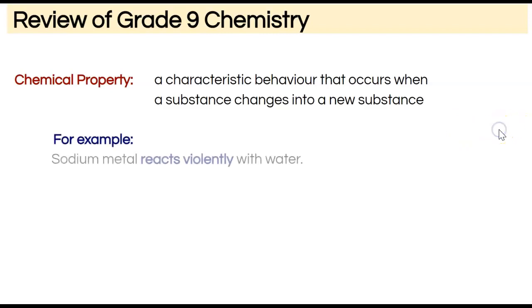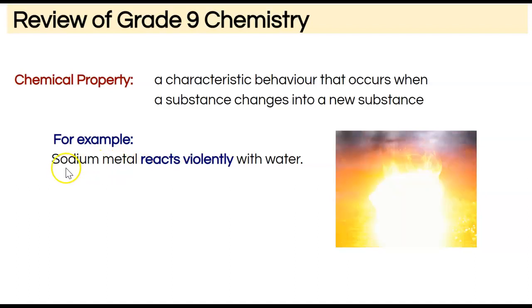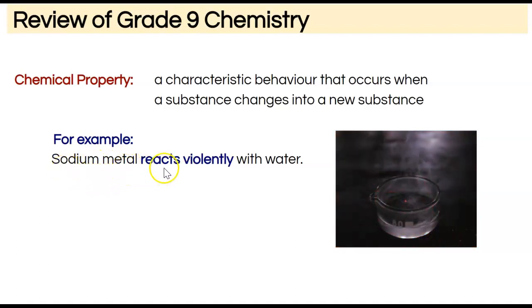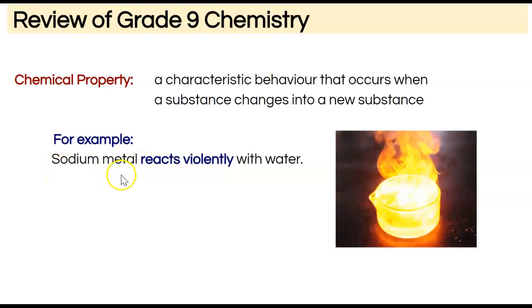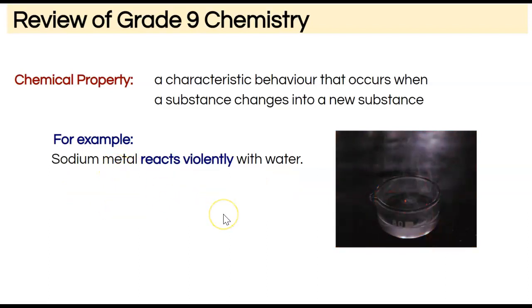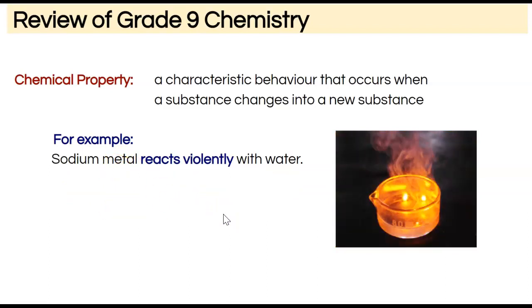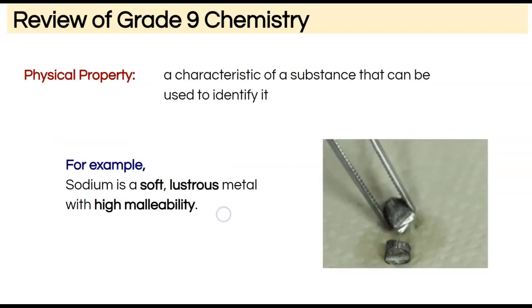For example, we would say that a chemical property of sodium metal is that it reacts violently with water. Notice that I'm talking about how it reacts in becoming a new substance, right? So we take sodium metal and we react it with water, and that describes a chemical property of sodium metal, okay? As opposed to a physical property.